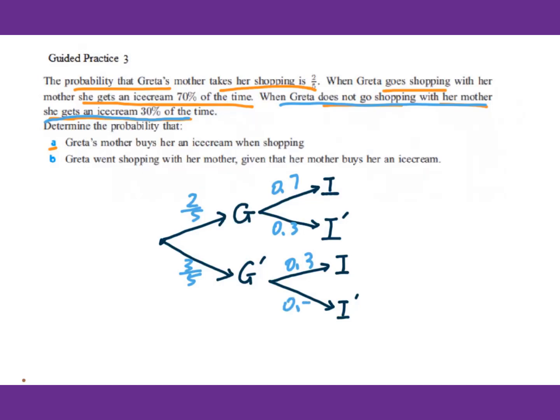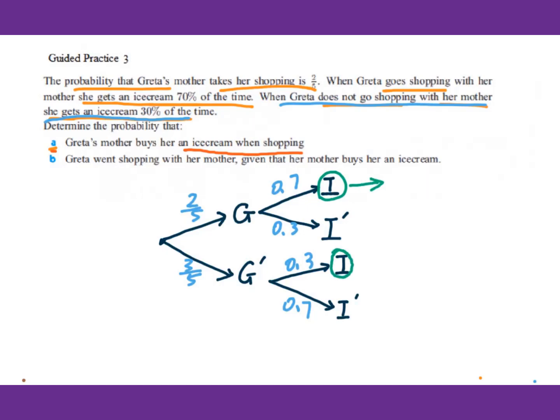So 0.7 is not getting the ice cream. Therefore, for the first one, Greta's mom buys her an ice cream when shopping. From this tree diagram, her mom buys Greta an ice cream. It will be this one and this one.